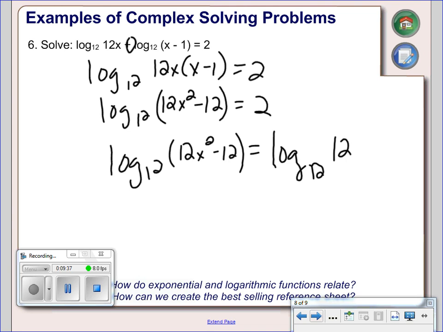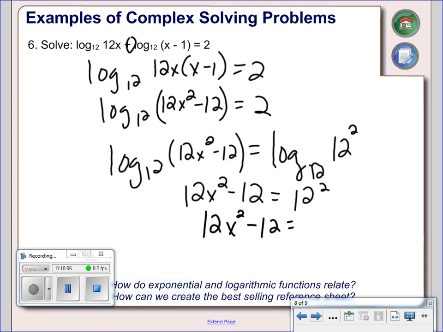If I put the squared on here, then I really didn't change that 2 from being the answer. But what I did do was make 12x squared minus 12 equal 12 squared, because if my bases are the same, then my arguments are the same. So 12x squared minus 12 equals 144.